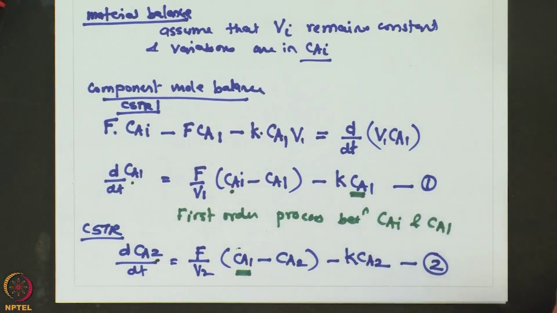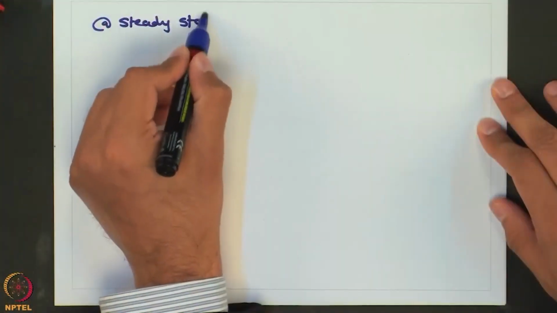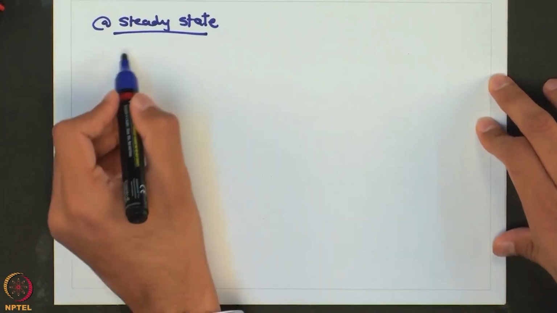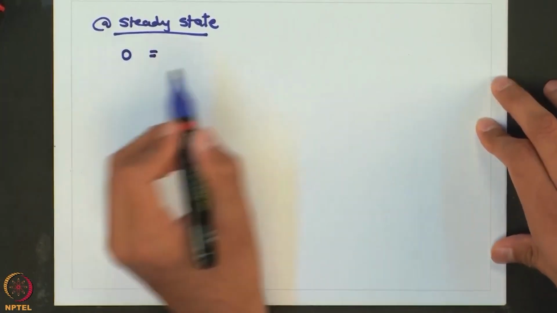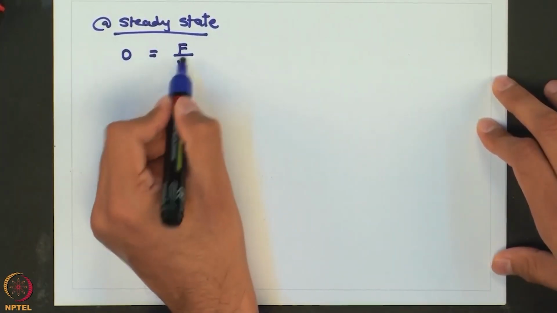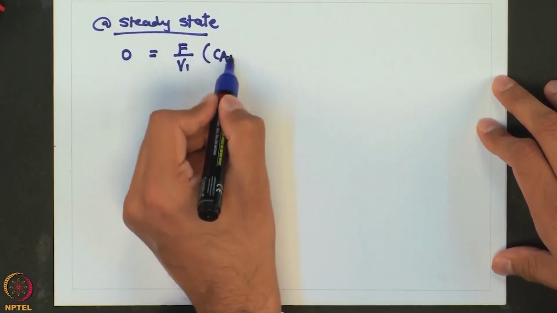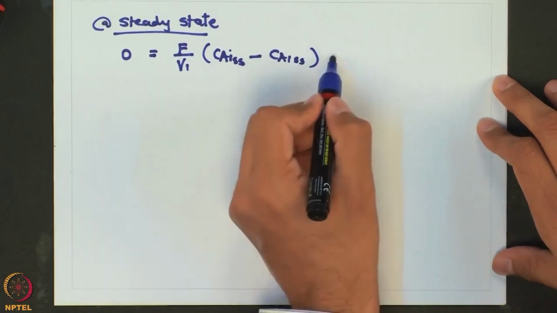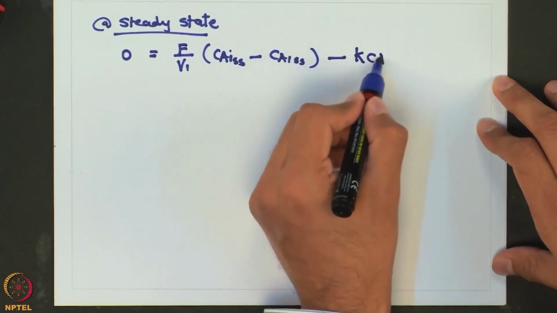So, let us now try to formulate the final transfer function between CAI and CA2. For that, we will first have to write these equations in deviation form. We will write the equations at steady state. At steady state, for the first CSTR, 0 is F over V1 times (CAI SS minus CA1 SS) minus K CA1 SS.